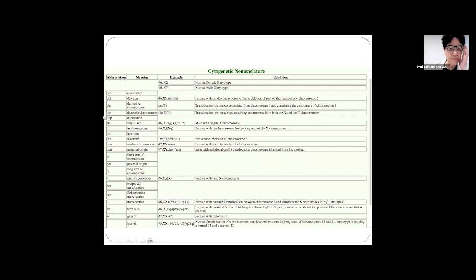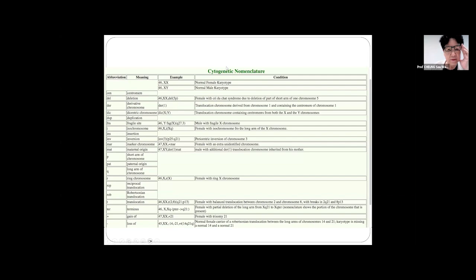So here is the nomenclature. For a normal female karyotype, you have 46,XX, and normal male would be 46,XY. I want to give you some examples with the centromere and the deletion. Now I will show you a relatively common structural abnormality, deletion 5p.